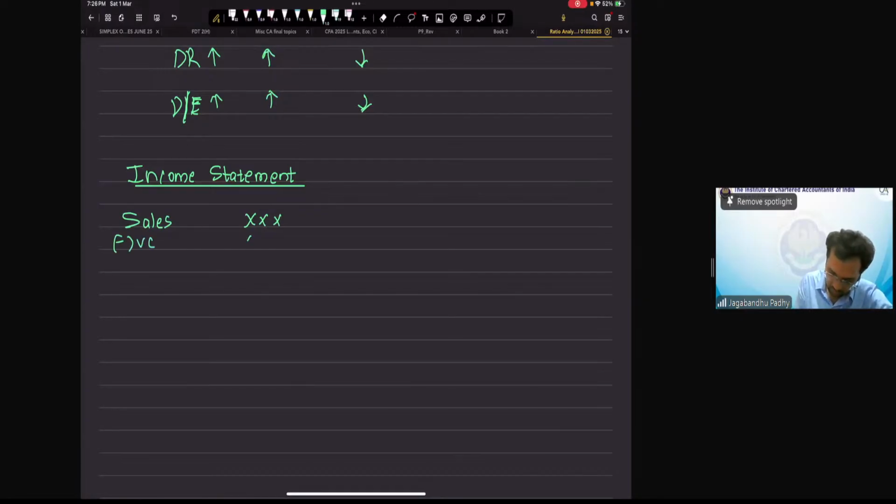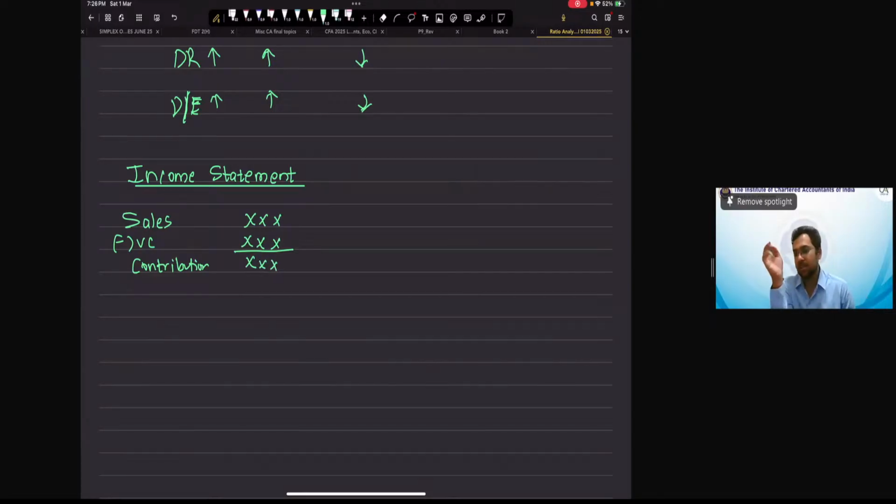From that you reduce the variable cost. When you subtract only the variable cost, you have something called contribution. Sales less variable cost is going to make it a contribution.